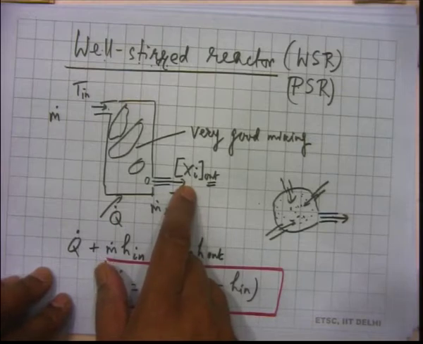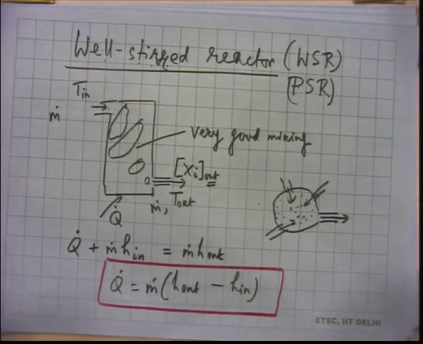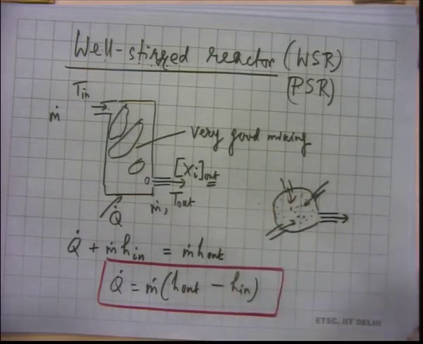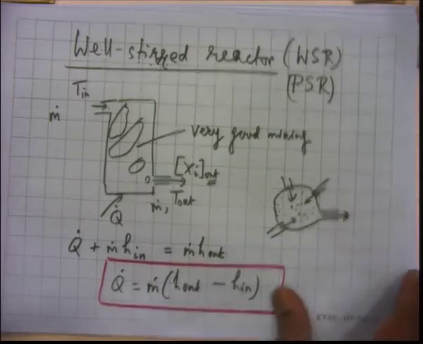So, we are trying to solve these equations and get all the concentrations and the temperature, but remember the problem statement says that we are interested in the blowout characteristics of the well stirred reactor. So, an 80 millimeter diameter spherical chamber where we are sending ethane and air, and we want to see what are the blowout characteristics.